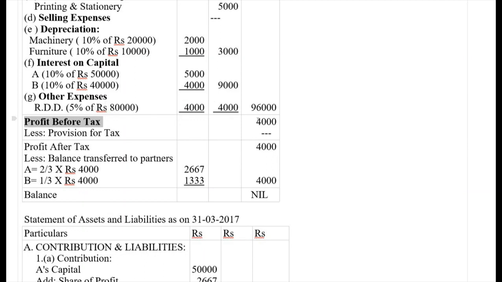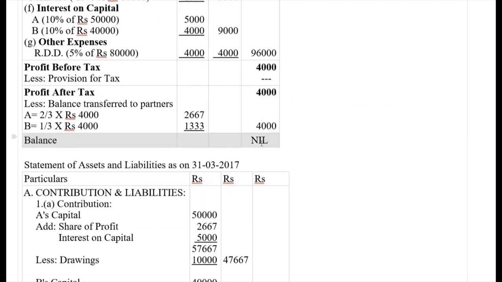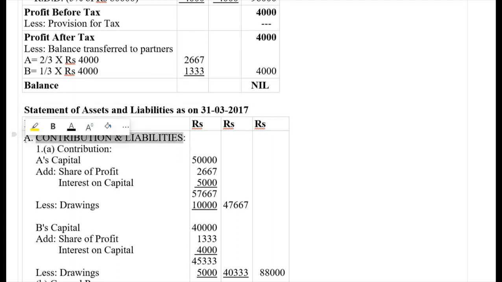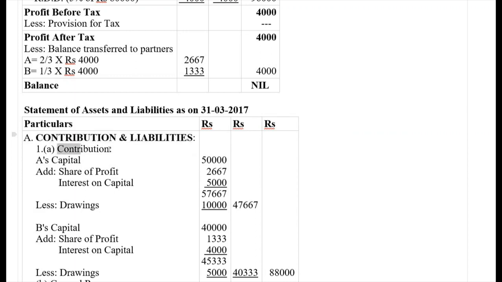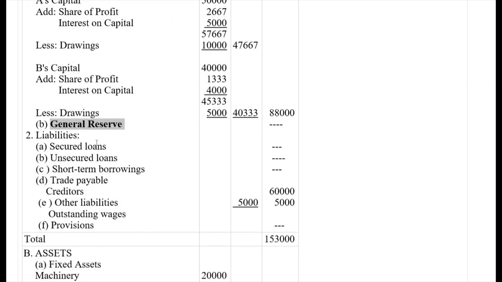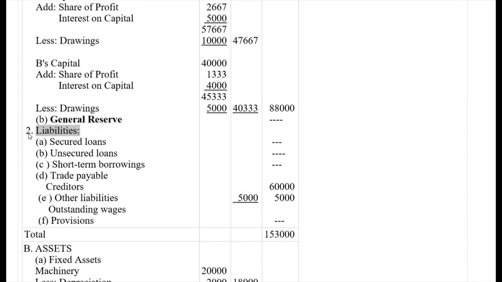So profit before tax, then profit after tax, then the balance here, then contribution, then general reserve. If the balance is there, then we should record here, otherwise we need not record.